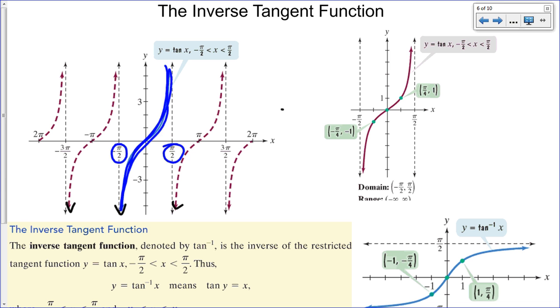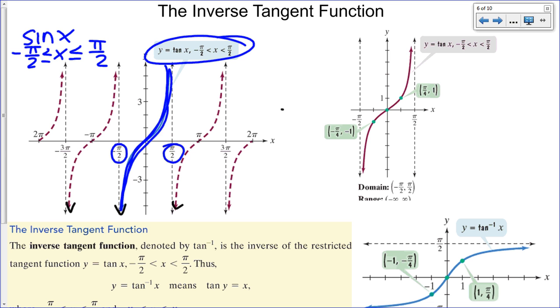What is the difference? When we restricted sine, we said x has to be from negative pi over 2 to pi over 2. And then we're restricting tangent like that. What's the difference? It's not included. Yeah, it cannot be those. Why not, Sean?